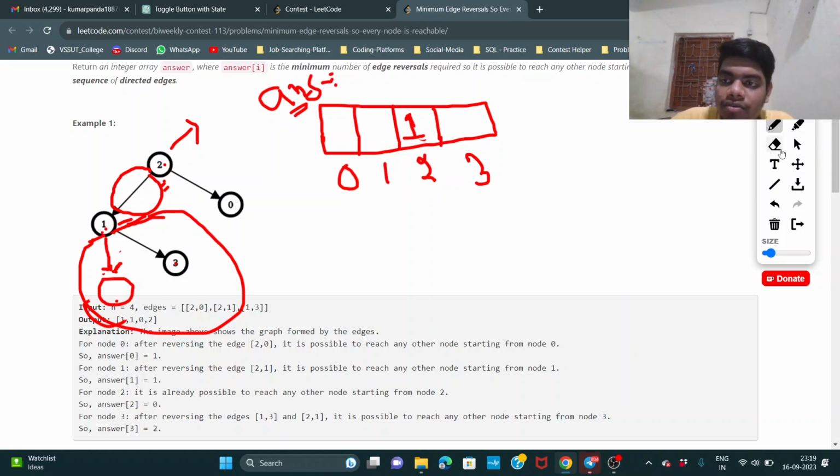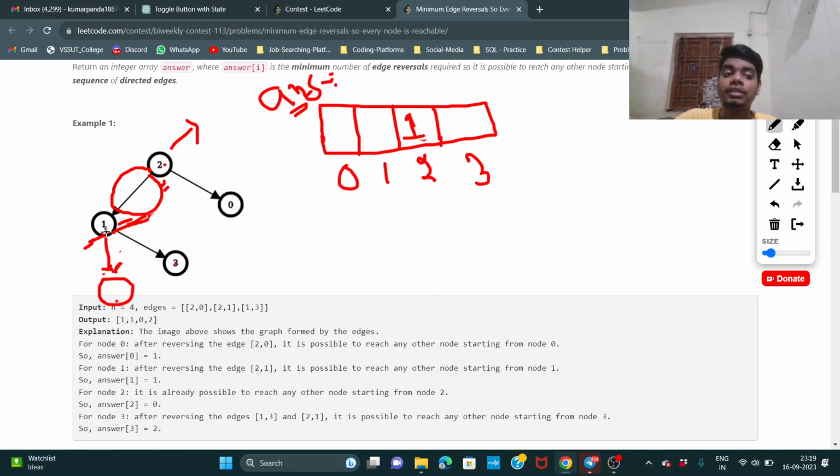This is a good example, you will understand it perfectly. See, when calculating the answer for this one, I consider that this node is in this way, and since the node doesn't exist in this way, I have to reverse this edge. After reversing, I increase the answer for 2, and now this node is like this, right?